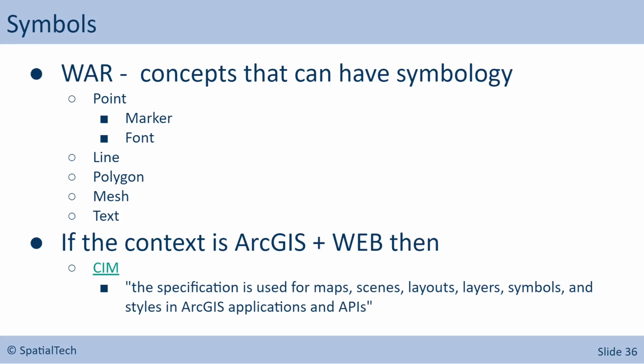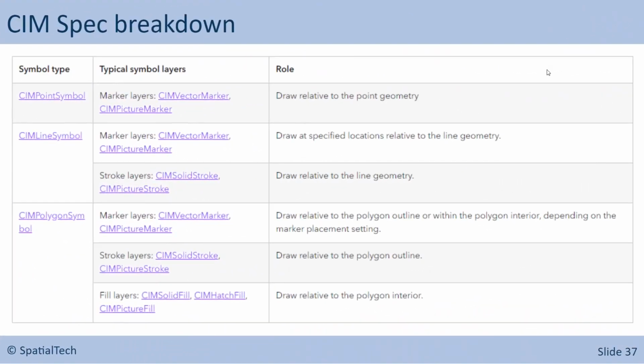So this might become a standard someday, where any GIS web product would be able to use it and choose if they want to support it or not. Okay, a little breakdown, right? To match with those, there's the concept of points, lines, polygons we got, but there's also this text concept and meshes for 3D. So this is a little bit of a breakdown.